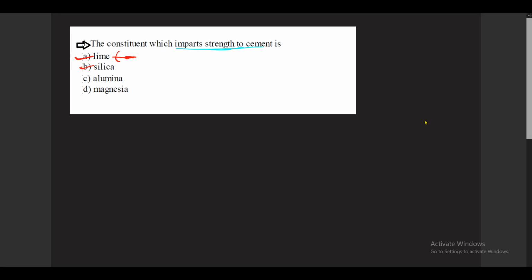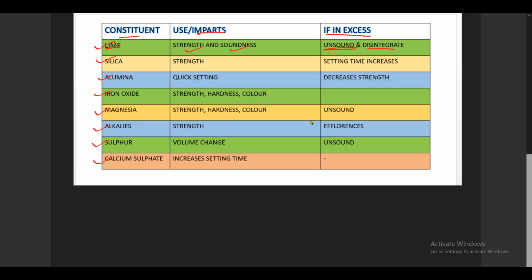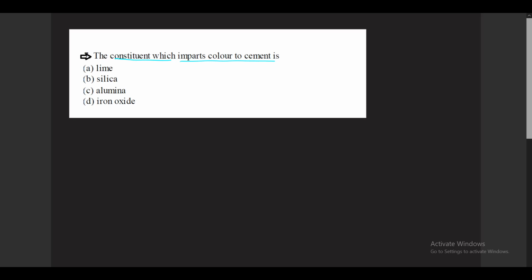Now next see another question over here. Read that question: the constituent which imparts color to the cement. If you observe the table in the last slide, the color contributing elements are iron oxide and the next one is magnesia. From these options you can clearly identify the correct option, that is iron oxide.